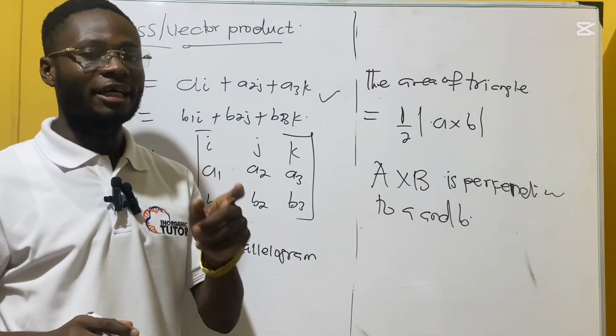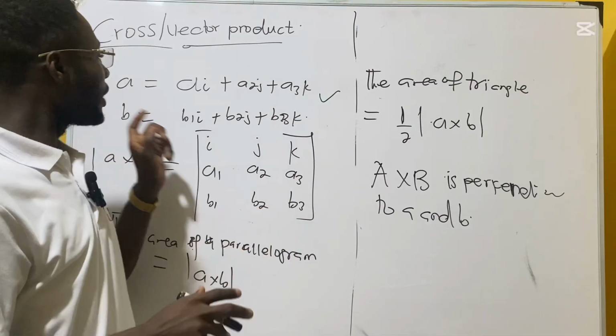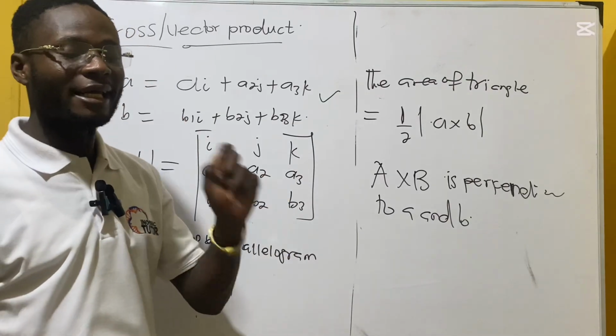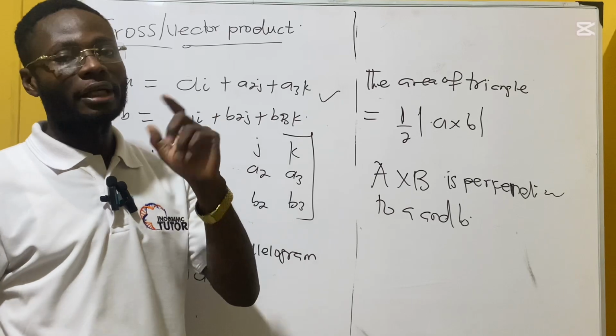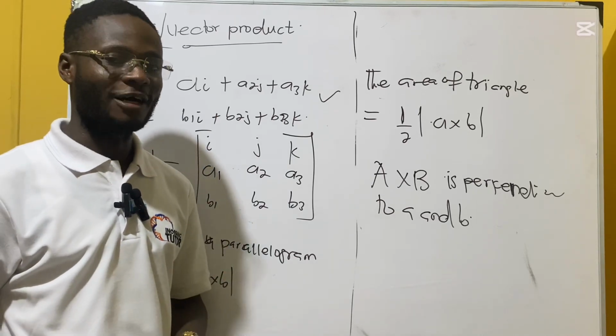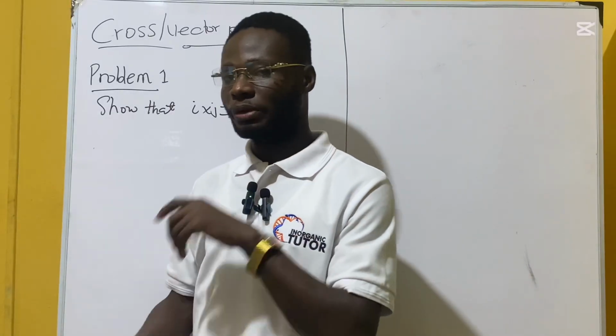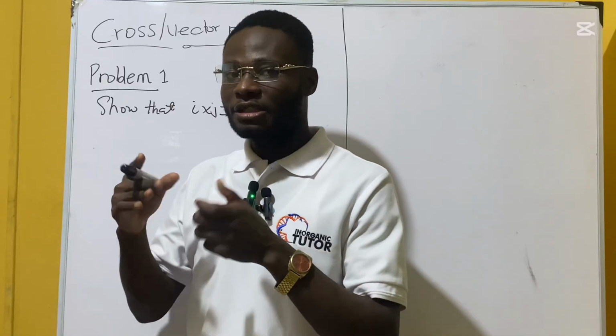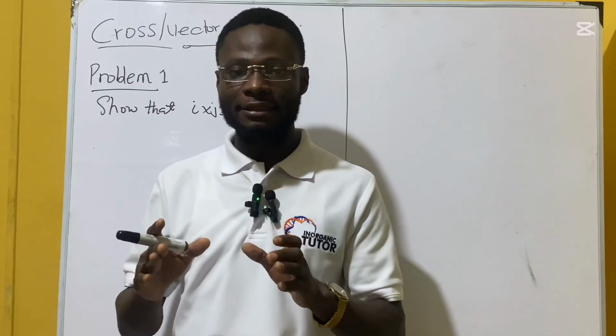The angle between them is 90 degrees. So a cross b is perpendicular to a and b. Wow. The properties, property 1 to property 7, let's have those properties at our fingertips.